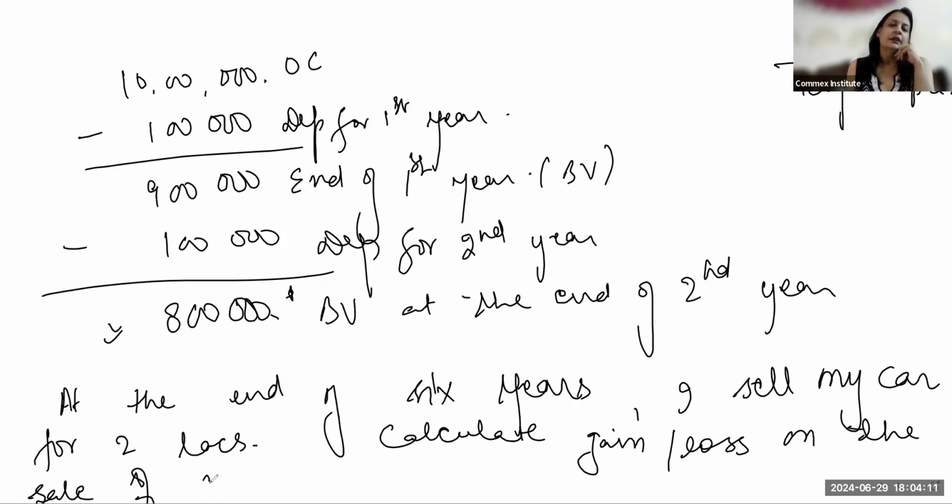Using my depreciation amount, which I told you is 1 lakh per annum. At the end of the 6 years, or the beginning of the 7th year, I want to sell my car and I sold it for 2 lakh rupees. Please calculate the gain or loss on the sale of the car. Everybody send me the answers on chat.